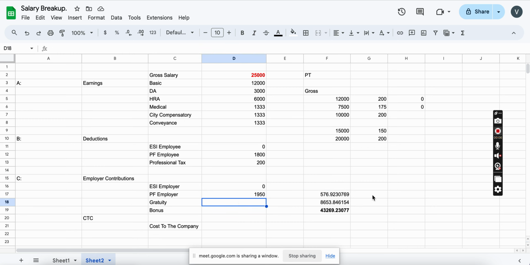That's where a lump sum percentage is there, that is called 4.81%. It is calculated like this: basic plus DA into 4.81%. It's simple. This is how you have to mention.